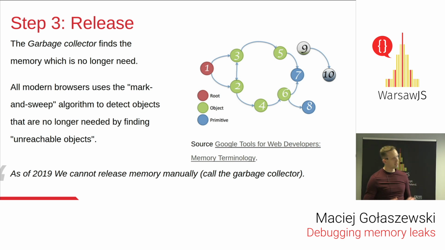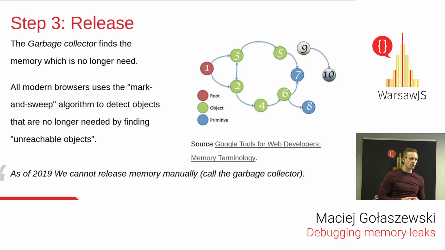Then it checks objects that are referenced from there, and so on. It will mark all the objects that are still referenced from the root, and all those objects that are not referenced directly or indirectly from the root are considered unreachable, and then that memory can be freed.